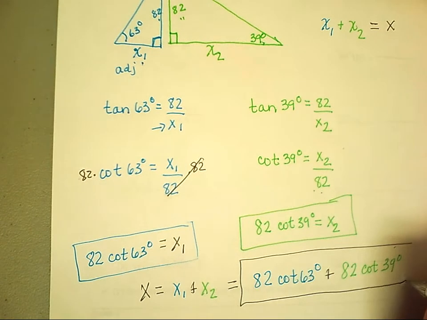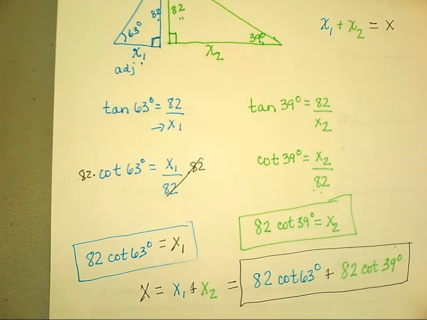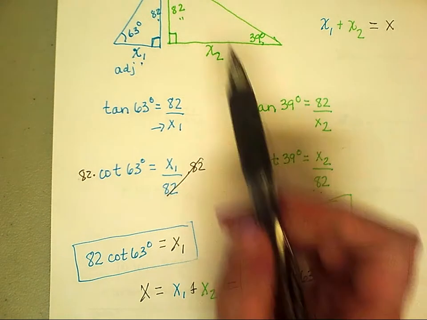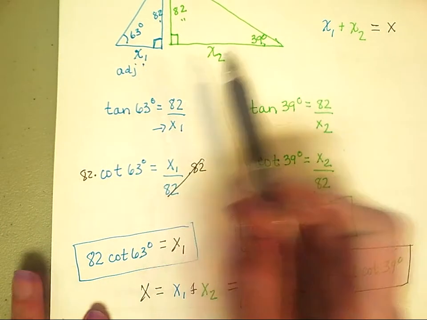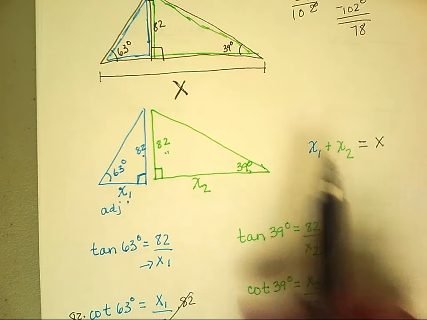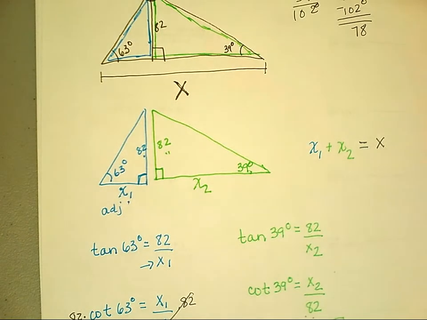And so this is the value, without using a calculator, it is the exact value of the length of the sum of these two sides, which is what we were looking for.